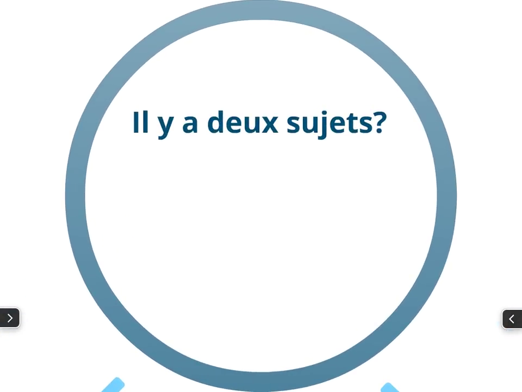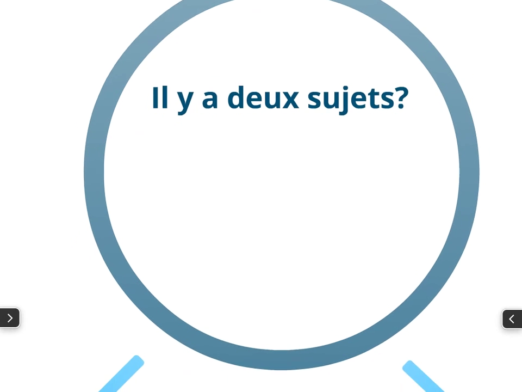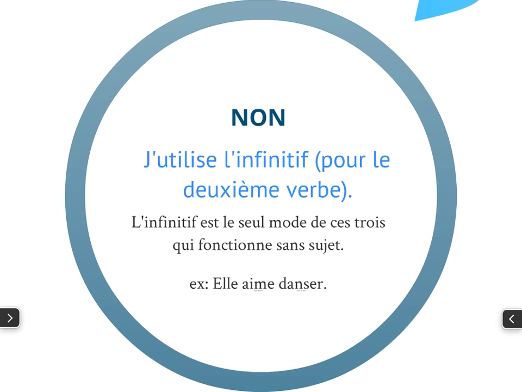And you might want to add to that, are there two different subjects? If you've got the same subject twice, you can probably get out of it a little bit easier. But if there are two different subjects, si la réponse est non, vous utilisez l'infinitif pour le deuxième verbe.